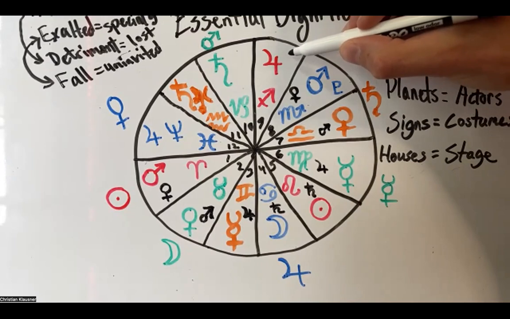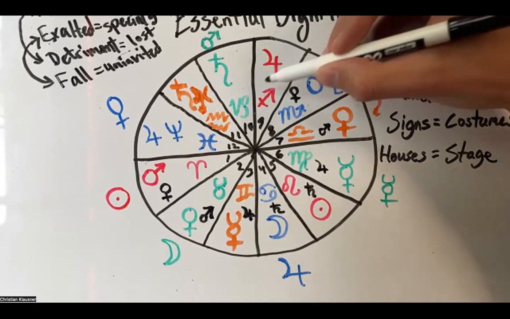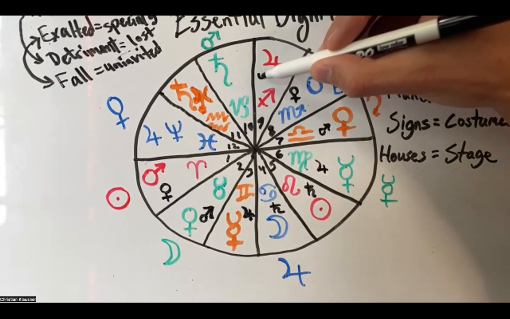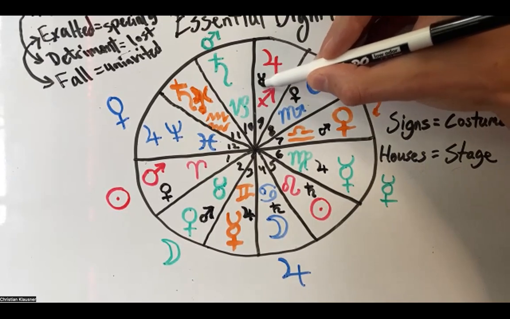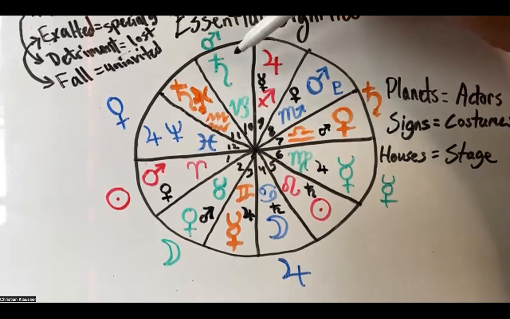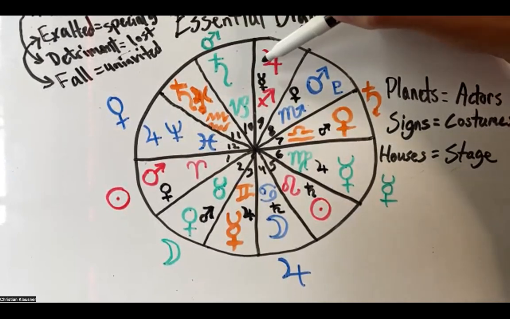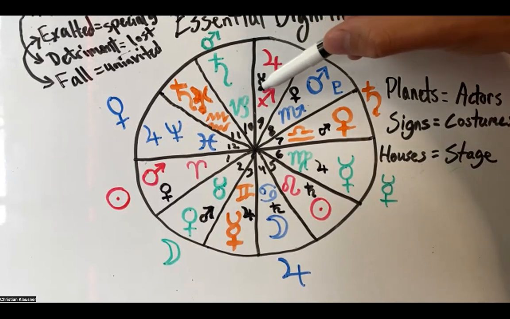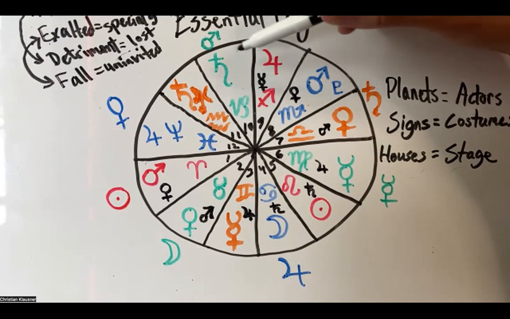Okay, the planet, of course, going to be in detriment in Sagittarius is Mercury. It's hard for Mercury to analyze the facts in such an expansive, fiery energy. There are just too many possibilities here for Mercury. Mercury has to really open its mind in this sign.